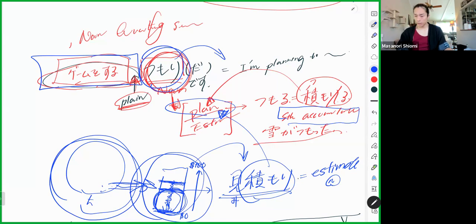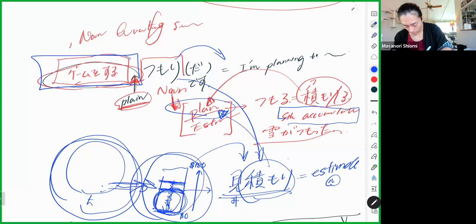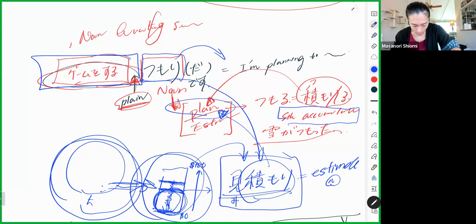Again, this is just an origin. Many people don't even know this origin. But by knowing this, you would understand the word 見積もり as an estimate, and by knowing つもり as plan, a noun, you understand that whatever sentence you want to connect, you just make it plain to directly connect to a noun.